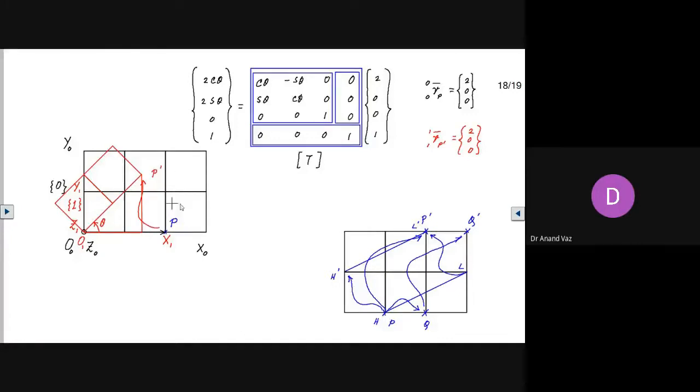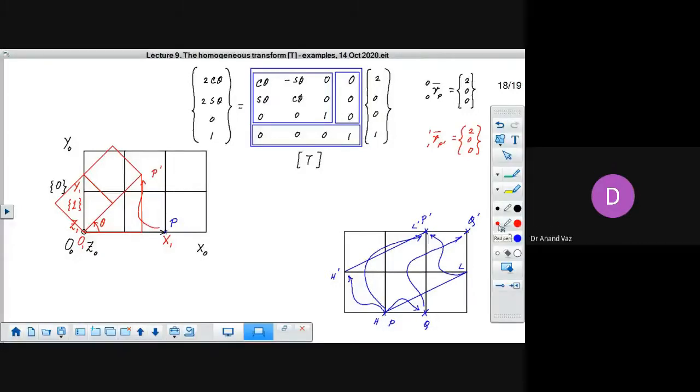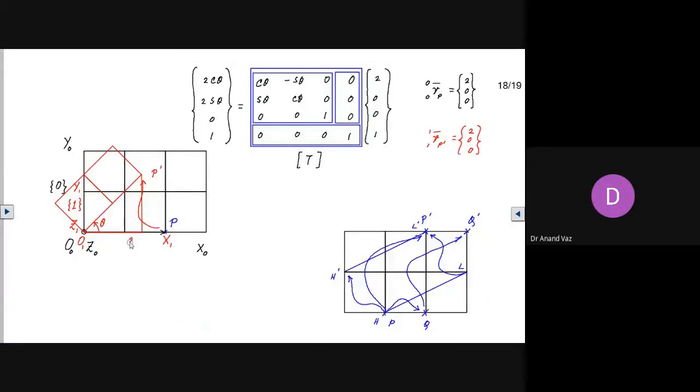So you have this part as 2 cos theta and this part as 2 sin theta. Okay, so this point P has got shifted here, 2 cos theta, 2 sin theta.